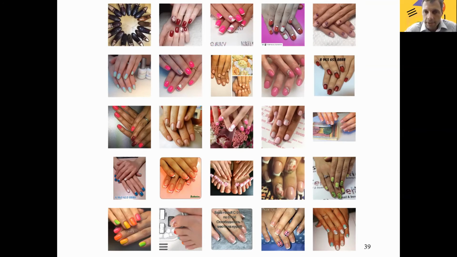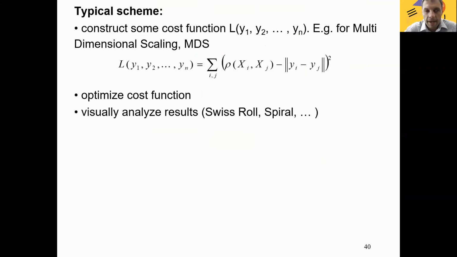In our case, it is just a two-dimensional vector, such that all points which are close correspond to images which are semantically similar. This is quite an interesting result, and this, for example, can be done in the following way.